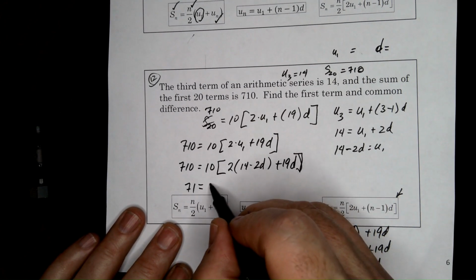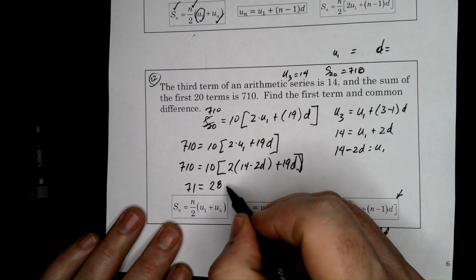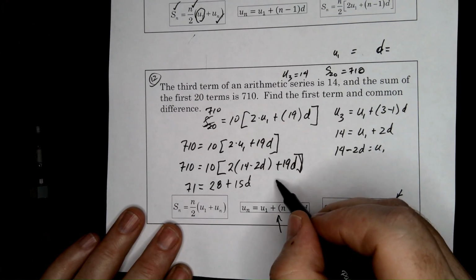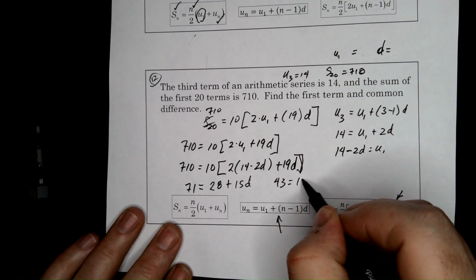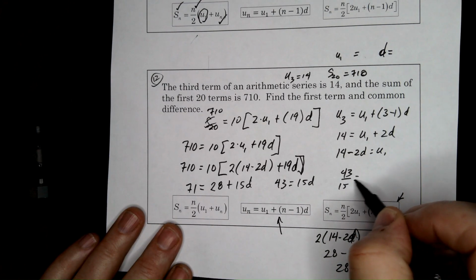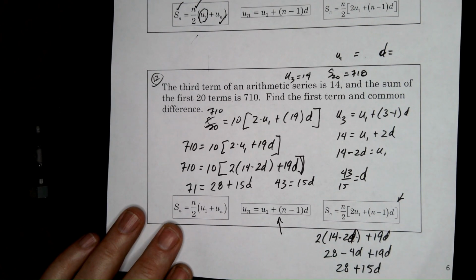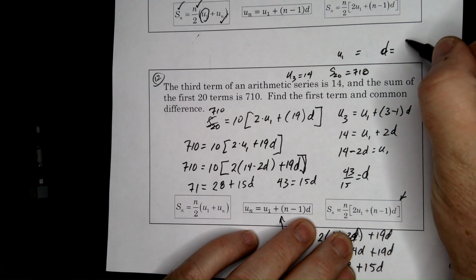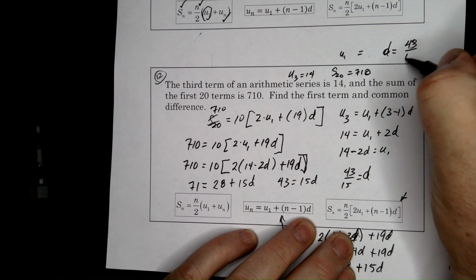So 28 plus 15d. So I can subtract. That's 43 equals 15d. So 43 over 15 is equal to d. Now I could make that into a decimal. I could do whatever with it. But I'm going to take this now, because this is our common difference, 43 over 15.